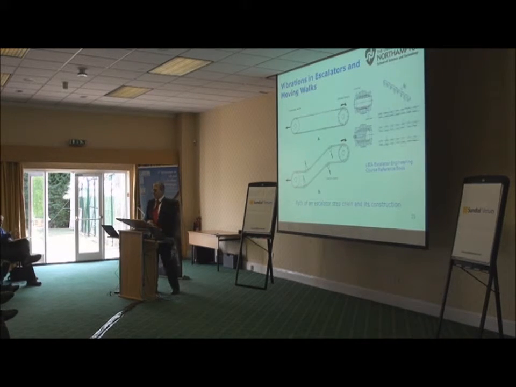So let's have a look now at one little part of this, the chain. Typically we take two sprockets, one is a driving sprocket, the other one is a tensioning sprocket, and we have a chain going over them. In fact, we have a system quite similar to what we saw about ropes in elevators, the compensating ropes and suspension ropes.